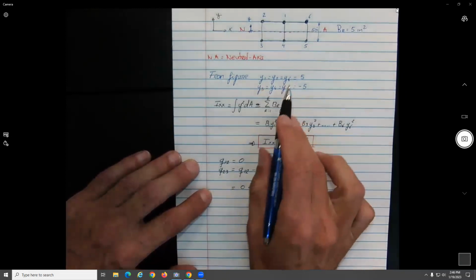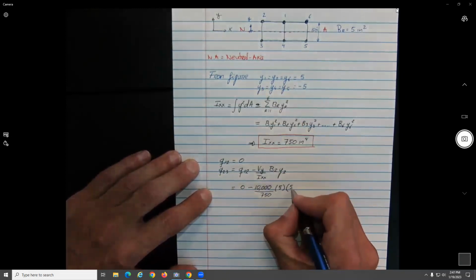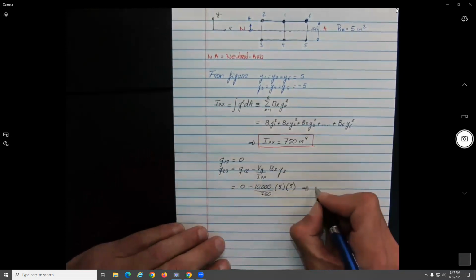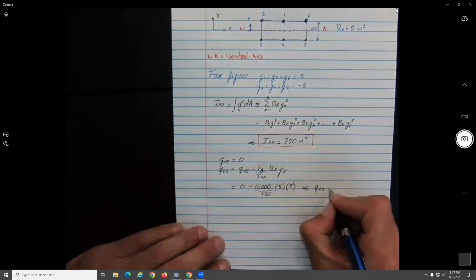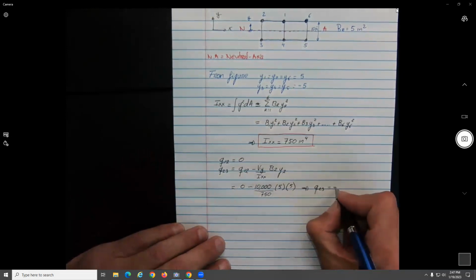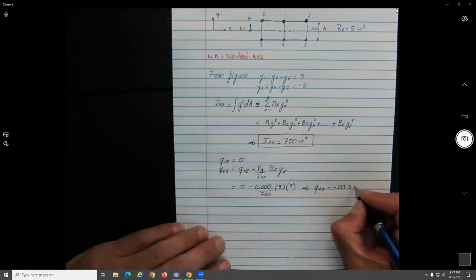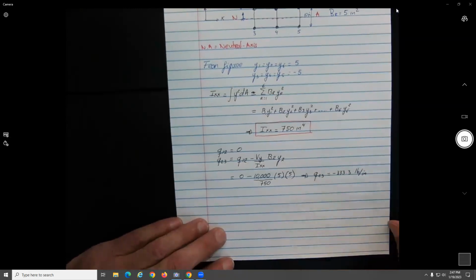What will be Y sub 2? 5. Okay. So if you do the calculation for this, that gives you Q23 equal to negative, I mean, it's 1,000 divided by 3, but you want 333.3 pounds per inch.